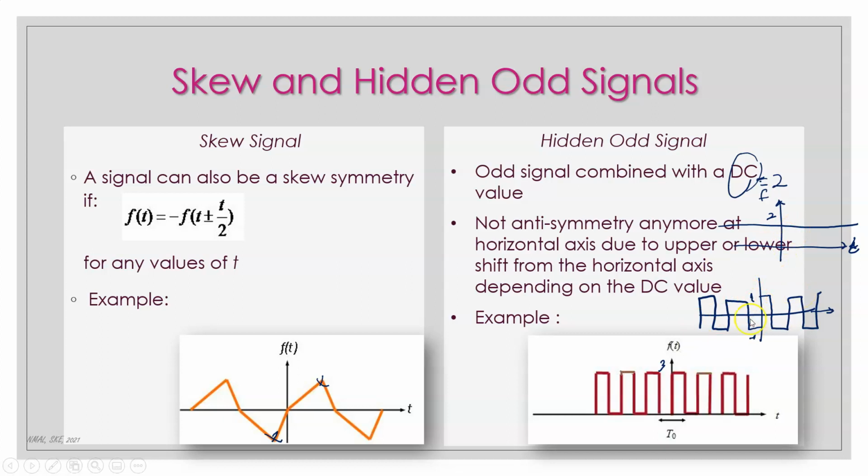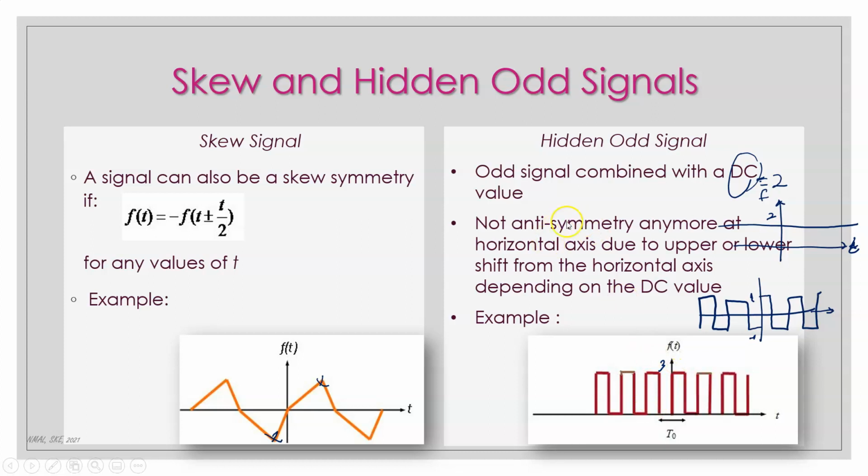So this combined with the odd signal becomes a hidden odd signal. This is actually the odd signal, but it's being shifted up by 2.